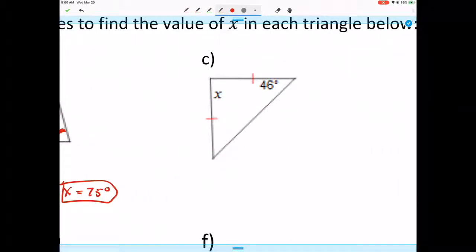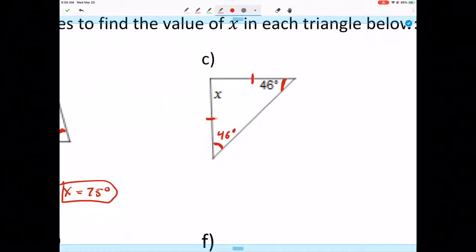What type of triangle is this? It's also an isosceles triangle. Make sure that whenever you have two congruent sides, the two angles that are also congruent are at the bases of that triangle. So we know that this is also 46 degrees.